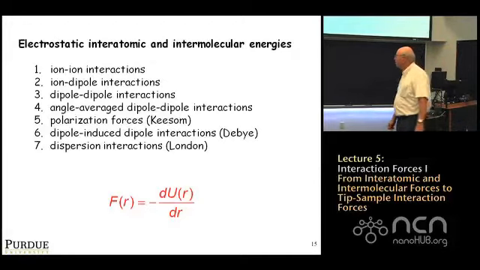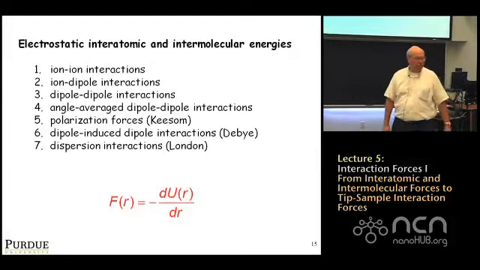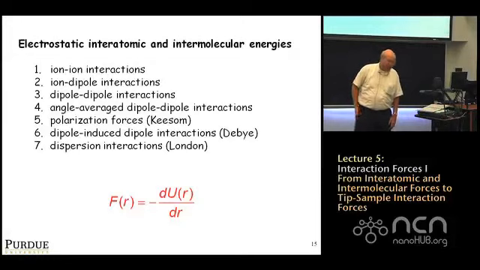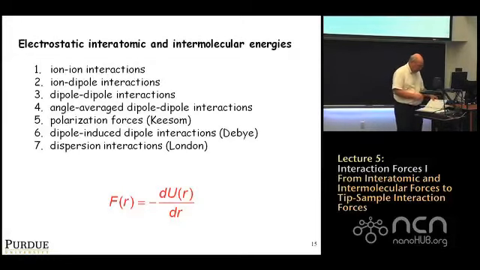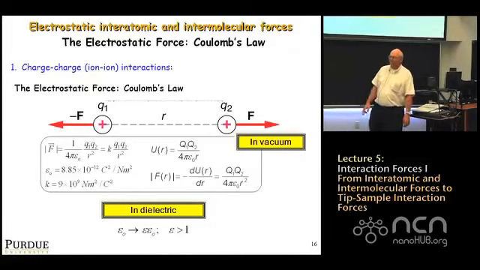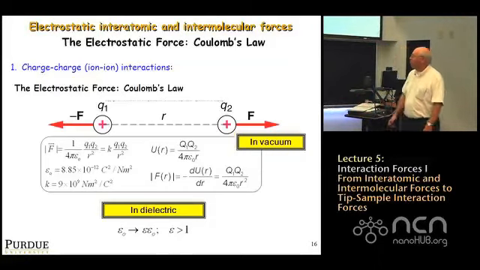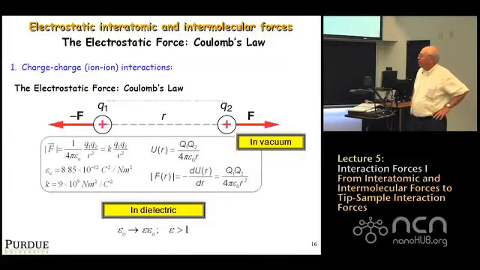Great. So this is the plan, right? I have about 40 minutes to cover 7 different forces. Start with the simplest one first, right? The ion-ion force is just a straightforward application of Coulomb's law. We've already discussed this. In particular, the magnitude of the Coulomb force is a 1 over r squared force that depends on the product of Q1 and Q2.